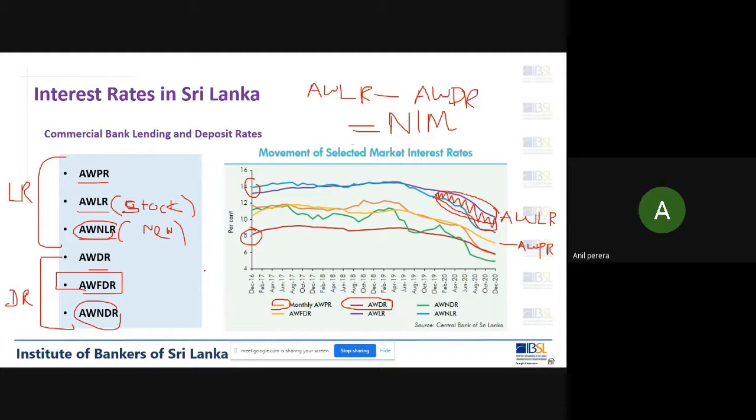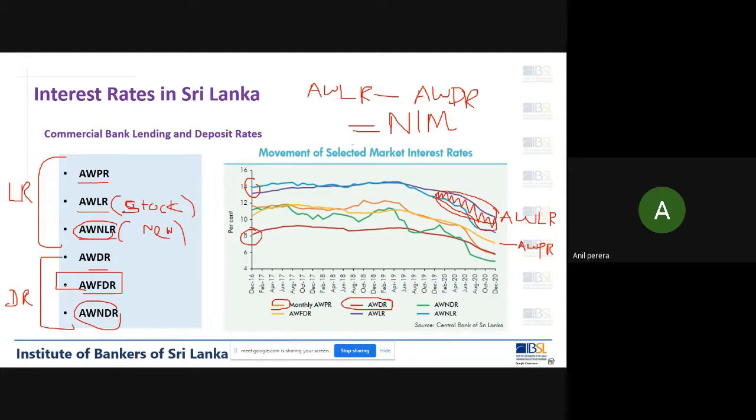So this rate calculates the weighted average for time deposits or the fixed deposits in the economy, right? In AWDR, you have all fixed and savings both, but you need to know what is the long-term interest rate in the economy for deposits.